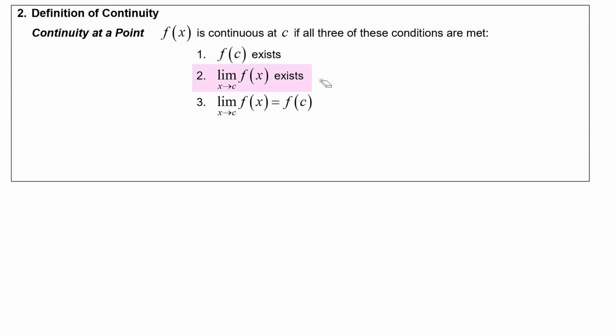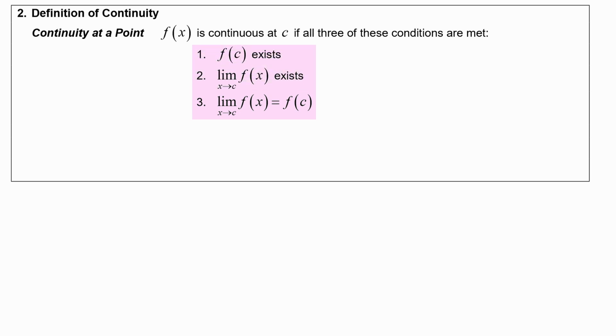Second, the limit as x approaches c of f of x exists. And once again, that means when you evaluate the limit, it outputs a real number value, not a DNE. And third, the limit as x approaches c of f of x has to equal f of c. So what this is saying is that the value you get in step 1, which is f of c, has to equal the value you get in step 2, which is the limit value.